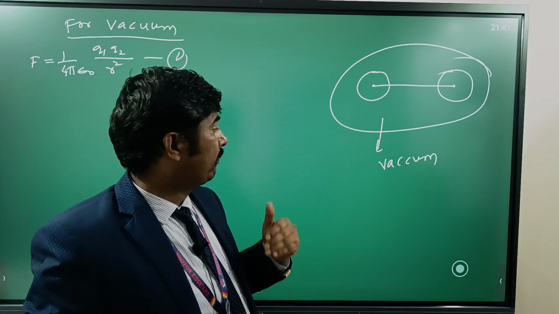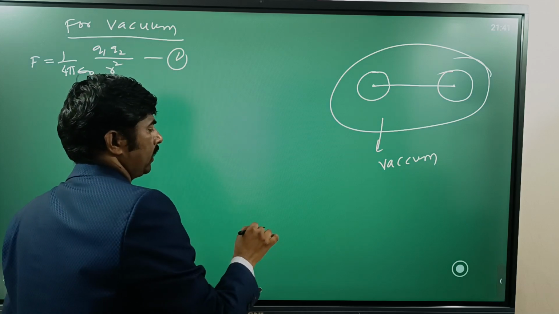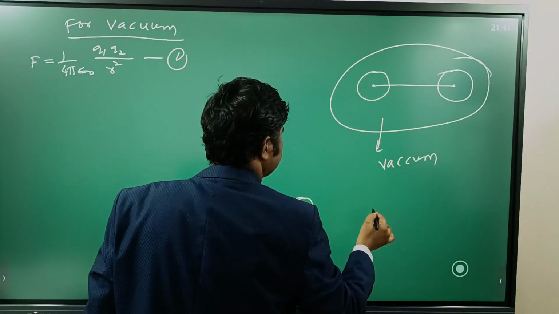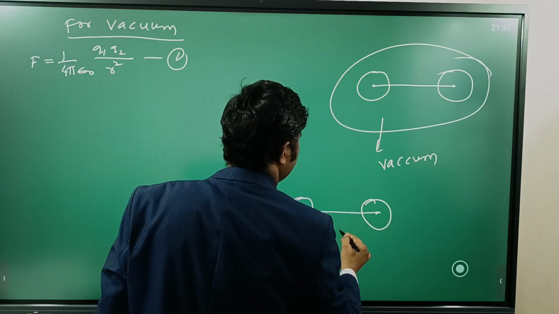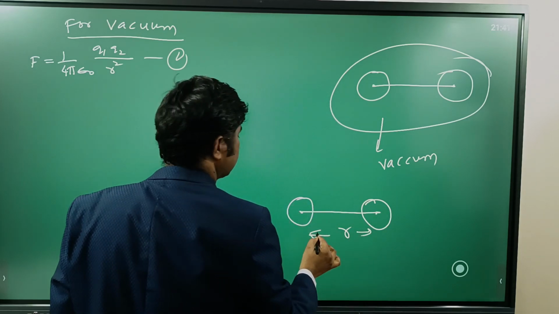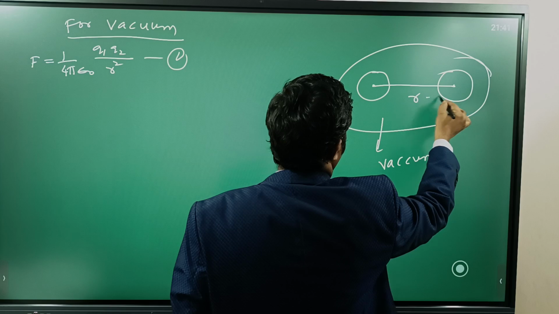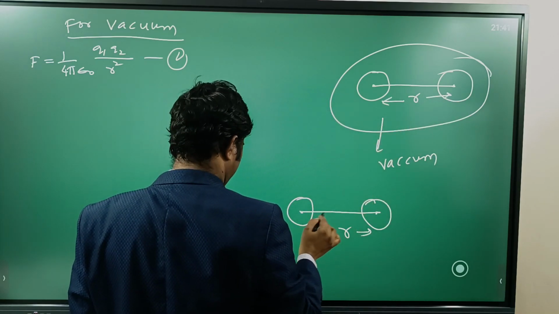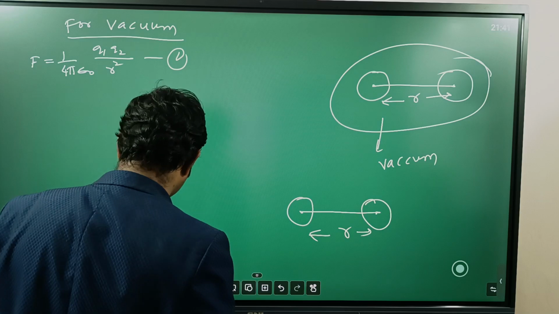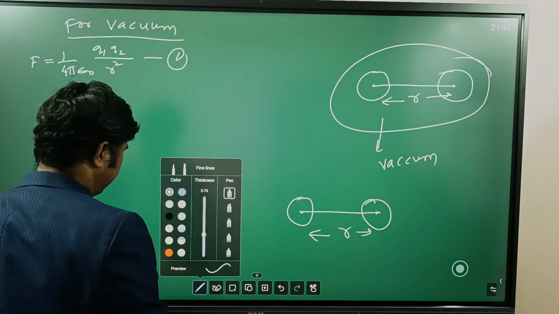Similarly, I will go for another case where two spheres are again separated with the same distance as that of the first case in the vacuum, but in this case it is going to be filled with some insulating material.